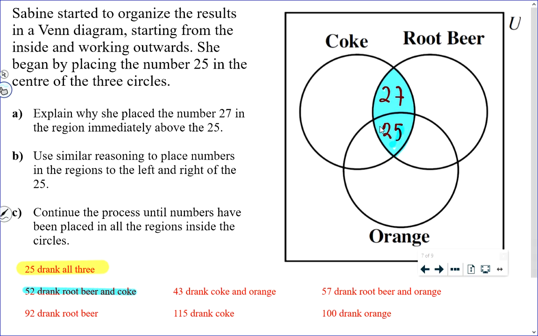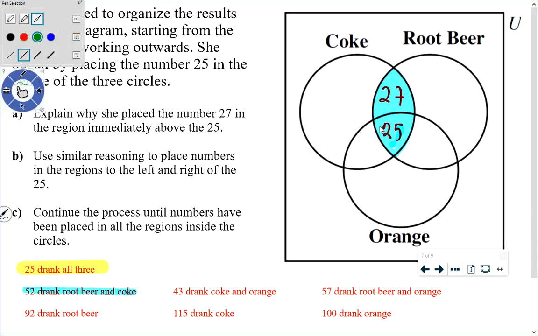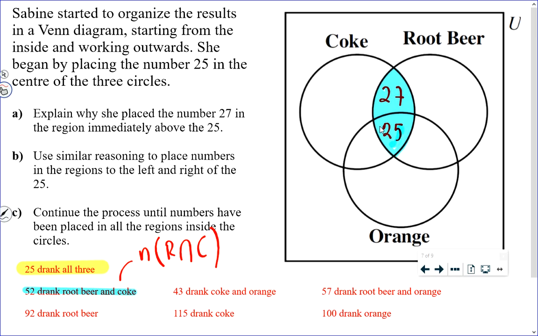What that means, when I say root beer and Coke, it means that this is N of the intersection of root beer with Coke. And the intersection is that highlighted region. So that highlighted region has to contain 52 people.